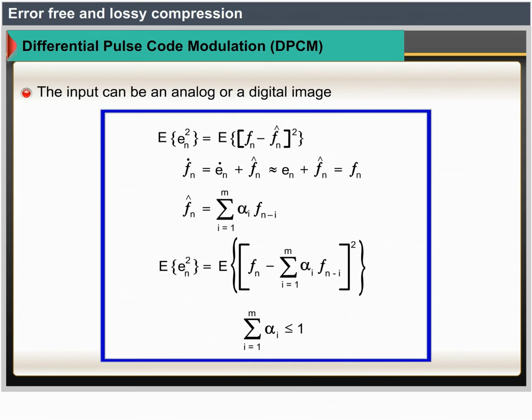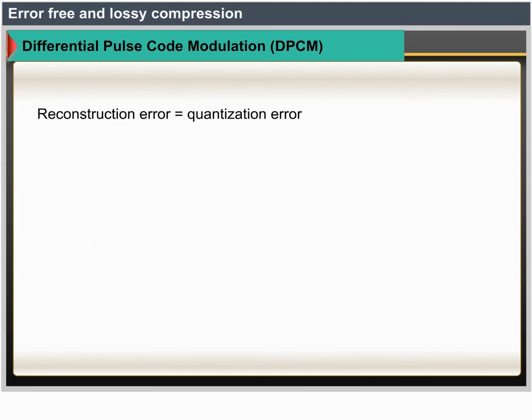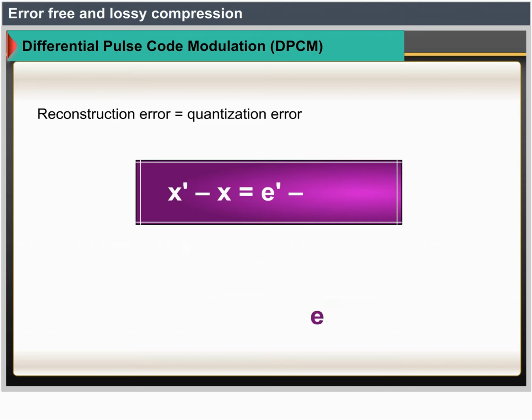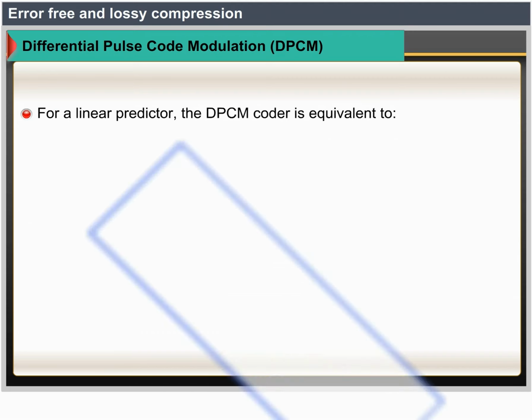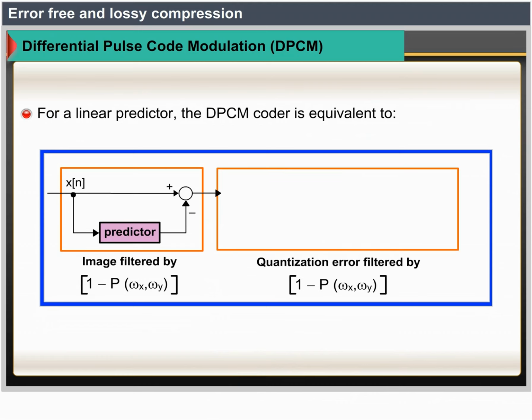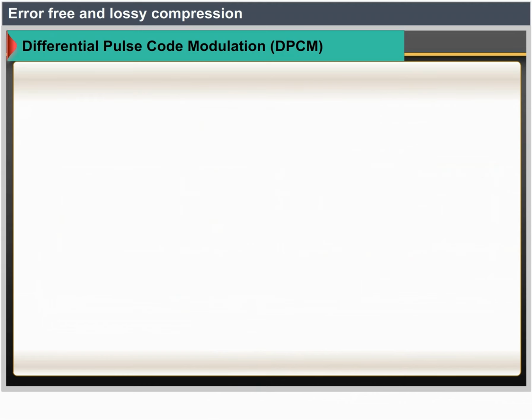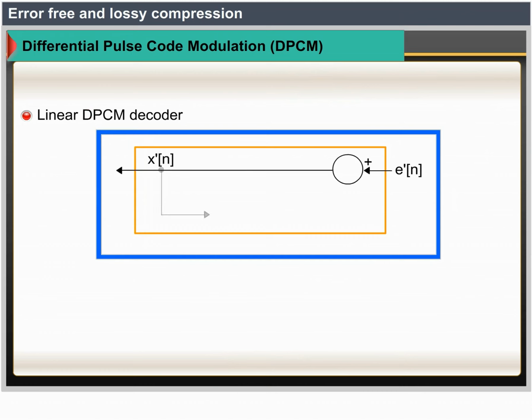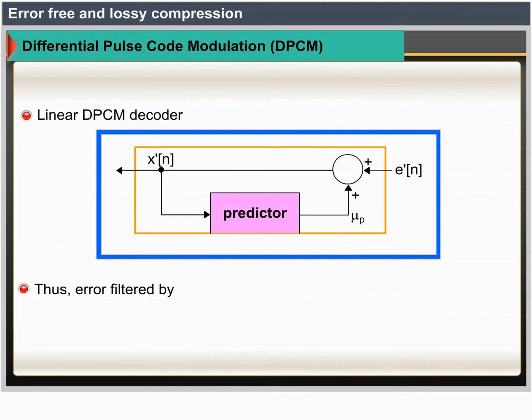The reconstruction error equals quantization error. The concerned equation is shown. For a linear predictor, the DPCM coder is equivalent to the linear DPCM decoder, thus the error is filtered by 1 divided by 1 minus P of Wx, Wy.